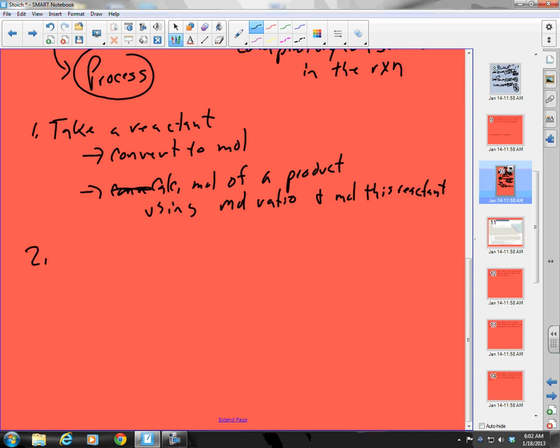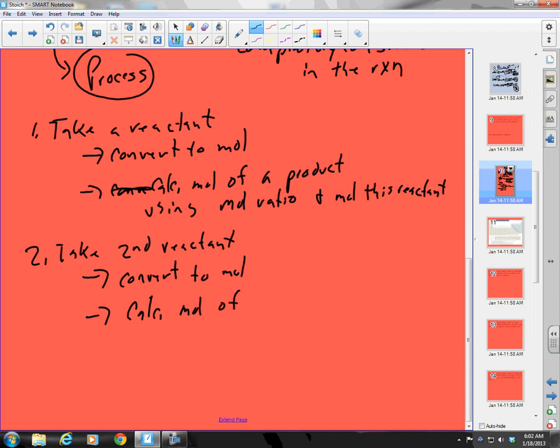2, take second reactant, convert to moles. If it's not already converted to moles, convert to moles. Calculate moles of product, same product that you calculated up here, this same product.